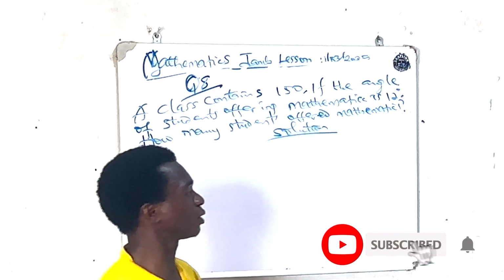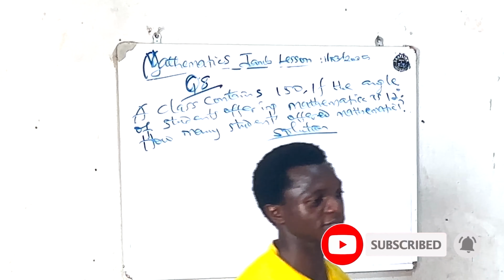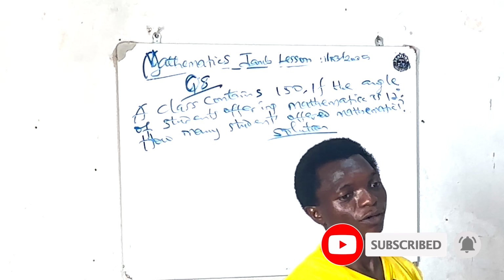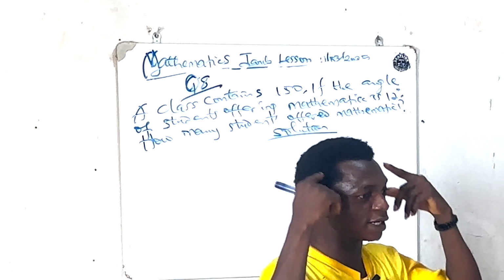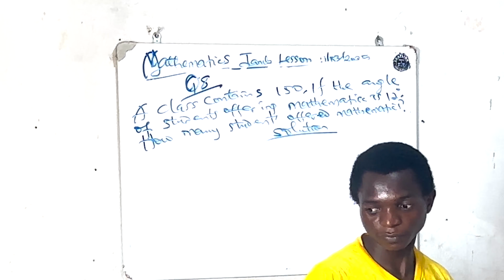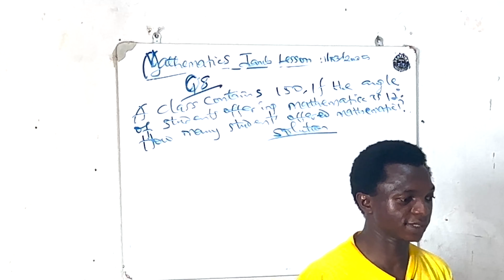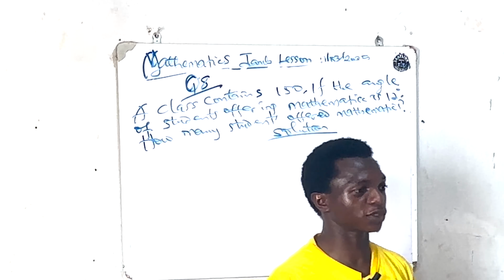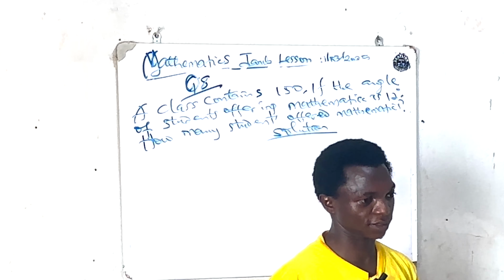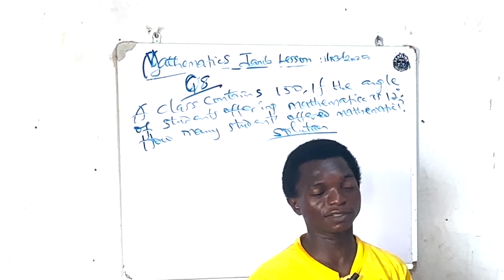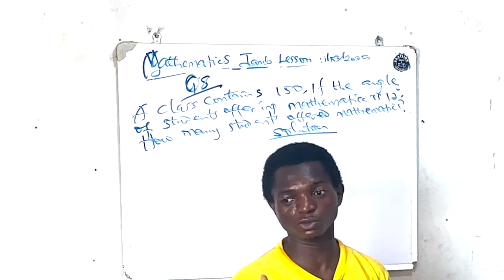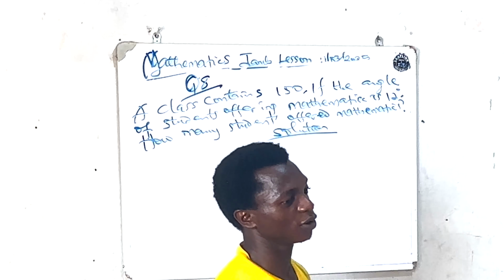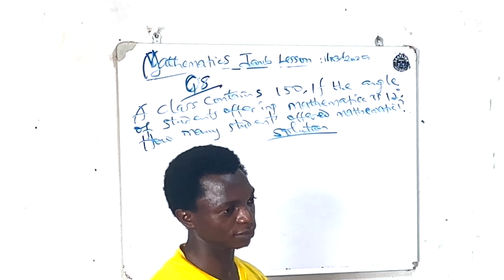To find the number of students that offer maths is very simple, once you get the method. You must remember that the question is actually talking about a pie chart. And a pie chart is divided into sectors proportional to the frequency or the data given.